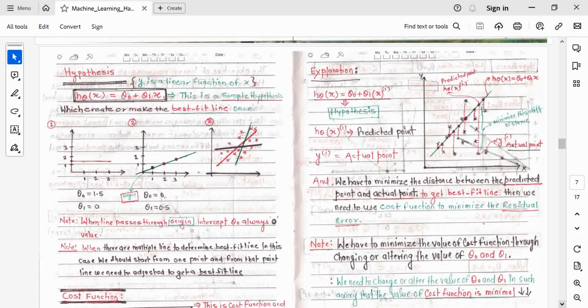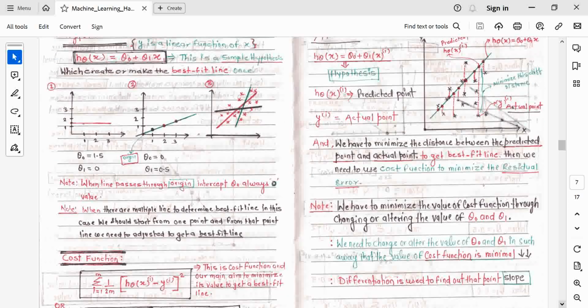We have already discussed y is the linear function of x. Y means it is the output or prediction, our hypothesis, and it takes some notation here: hθ(x) equal to theta 0 plus theta 1 into x1. This is a simple hypothesis which creates the best fit line.